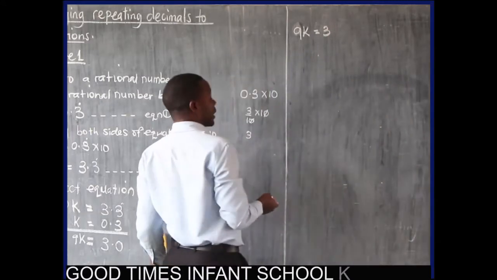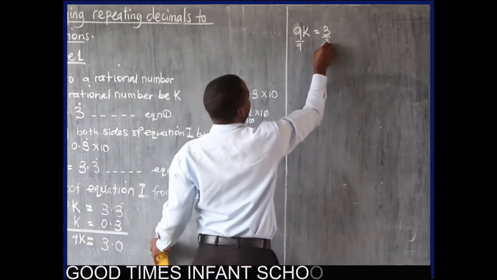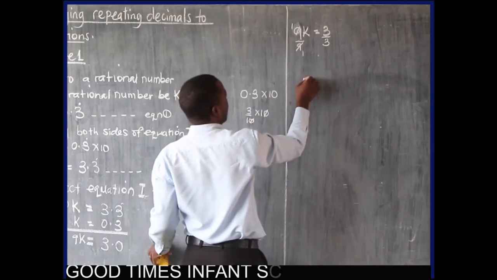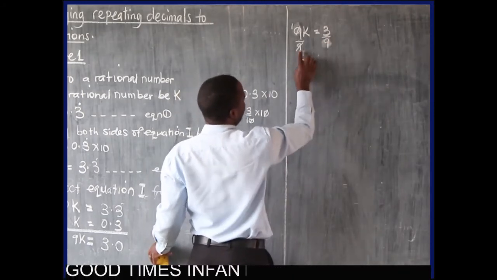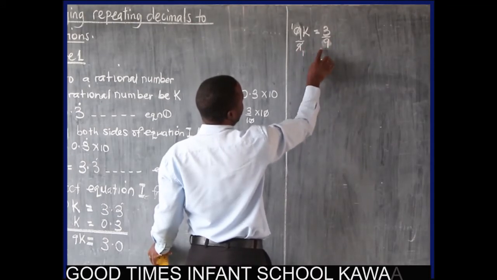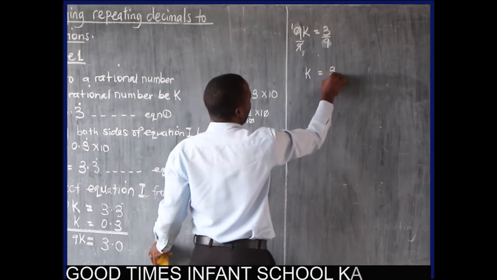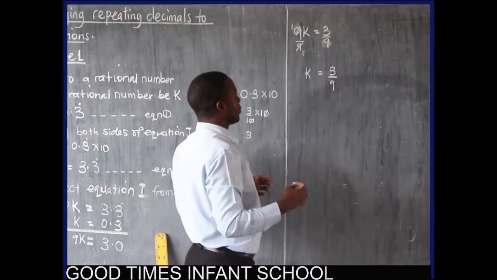Now what do we do to get k? We divide both sides by 9. So we shall remain with k equals 3 out of 9. This is not a reduced fraction, so we have to reduce it.